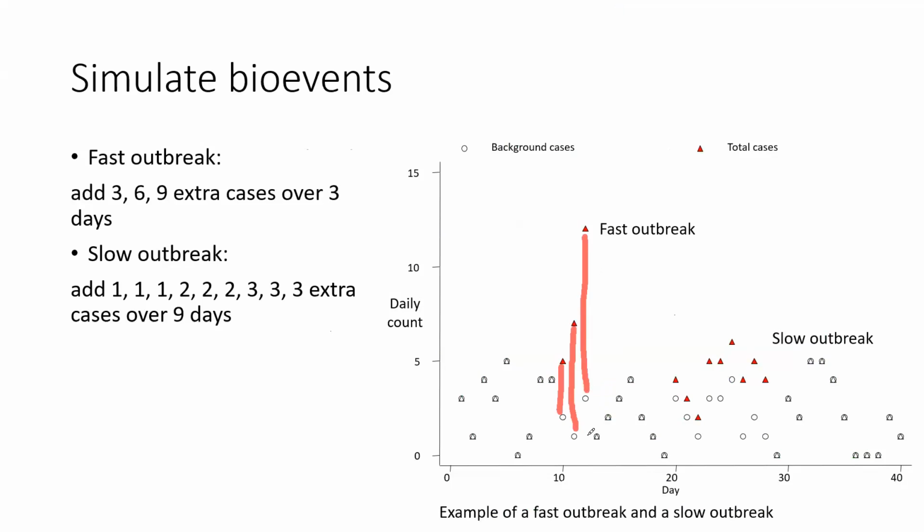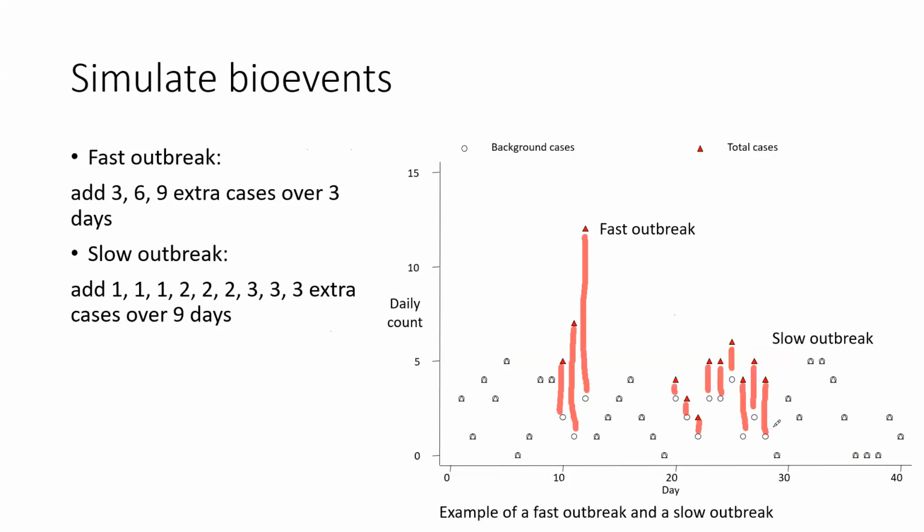And then we had a slow outbreak simulated, where we add 1 observation for 3 days in a row, and then 2 observations for another 3 days in a row, and then 3 observations for another 3 days in a row. So that's a slow outbreak.